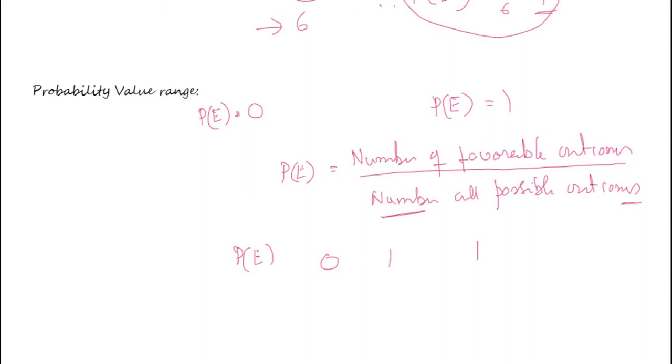So P(E) value will always be less than or equal to 1 and greater than or equal to 0. It can never be more than 1 and it can never be less than 0, that is negative. Probability cannot be negative, probability cannot be more than 1.